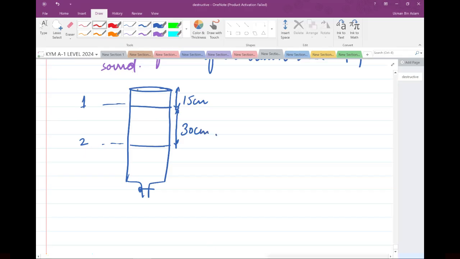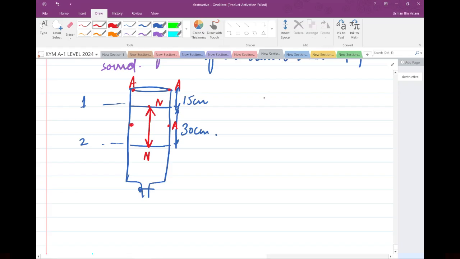Now you have to remember there will be an antinode formed at the surface and a node formed wherever we heard the loud sound. This is where the node was formed. This is where antinodes were formed. So all you have to do is, this will always be the question from this topic. In MCQs it's such a popular concept that the examiner doesn't like to ask about anything else except this.